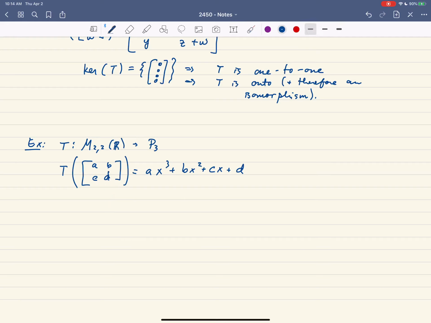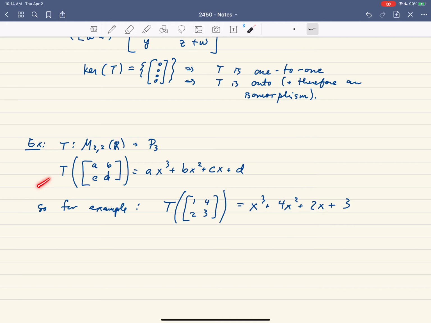So I think it's worthwhile in this case to actually go through and see what that would look like. If I were to input the matrix 1, 4, 2, 3, our output would be the polynomial 1x cubed plus 4x squared plus 2x plus 3. That's what this is telling us to do. That's how we get a polynomial from a matrix.